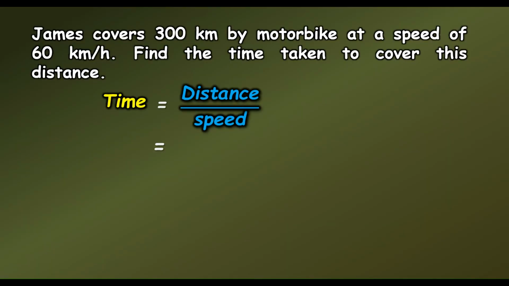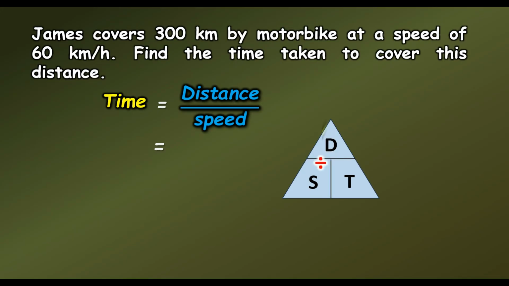Let's have another example. James covers 300 kilometers by motorbike at a speed of 60 kilometers per hour. Find the time taken to cover this distance. Again, we use the formula for finding the time. Time is equal to distance divided by speed. 300 kilometers is covered by the motorbike.